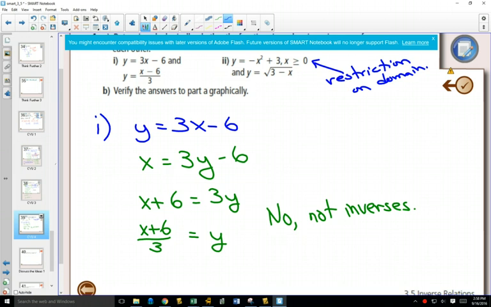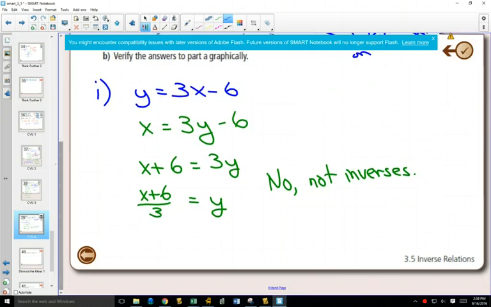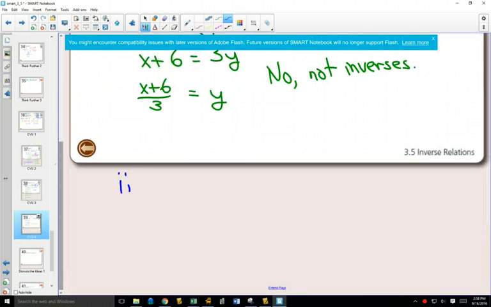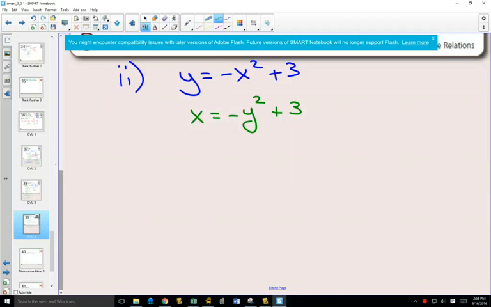So as far as solving this one algebraically, to begin with, we would start with our equation, which is negative x squared plus 3. We would switch our x and y values. So then instead of y, we write x. Instead of x, we'd write y. And solve. So x minus 3 equals negative y squared.